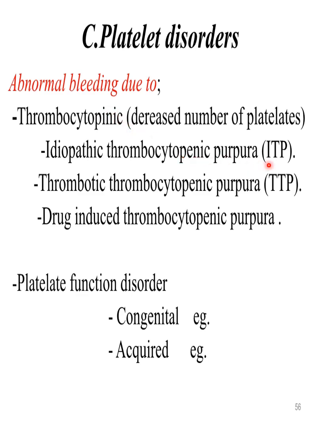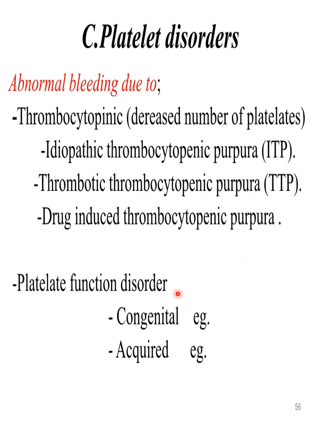The classical example is ITP, idiopathic thrombocytopenic purpura, and the important point to remember is that ITP is the commonest acquired bleeding disorder in the world. And then you have some other causes for decrease in the platelet count.